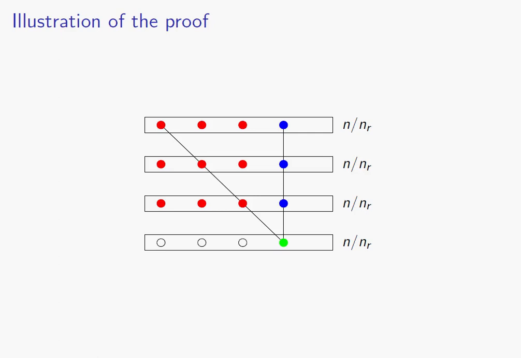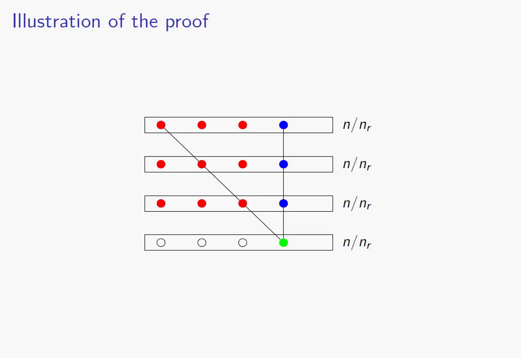Looking in the horizontal direction, to avoid a red 4-AP, we have to have the 4th point in each row indicated here a different color other than red. And moreover, they're all the same color, say blue as indicated here, because we've assumed that each of these k-1 blocks have all been identically colored.